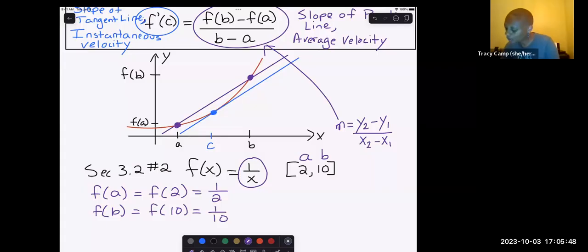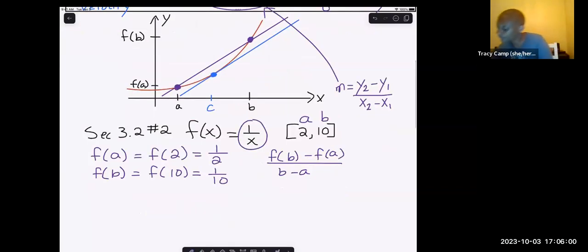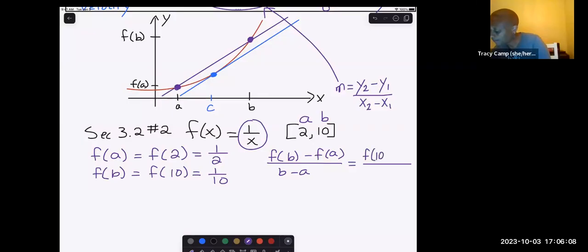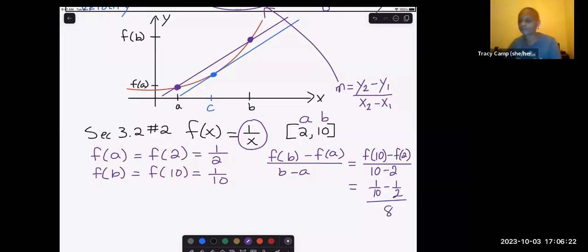So if we use our slope formula, f of b minus f of a over b minus a, we have f of 10 minus f of 2 over 10 minus 2, which is 1 over 10 minus 1 over 2, over 10 minus 2, which is just 8, right?